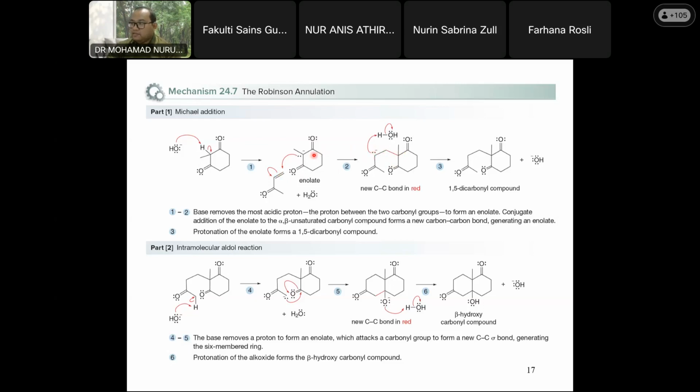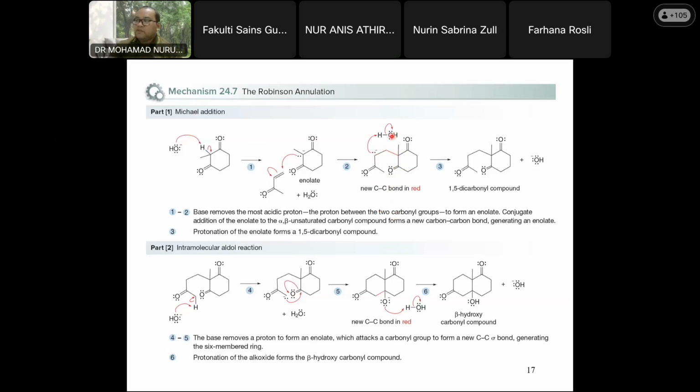This is the first enolate, and after that they form a second enolate. And this time, protonation of the enolate forms a 1,5-dicarbonyl compound. Why do they call it a 1,5-dicarbonyl compound? Because this one is 1, 2, 3, 4, and 5. This is called a 1,5-dicarbonyl compound.